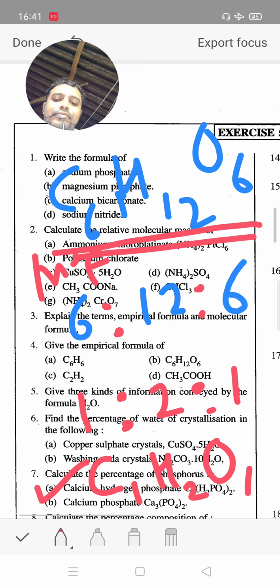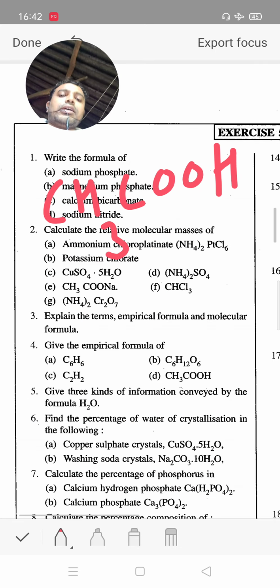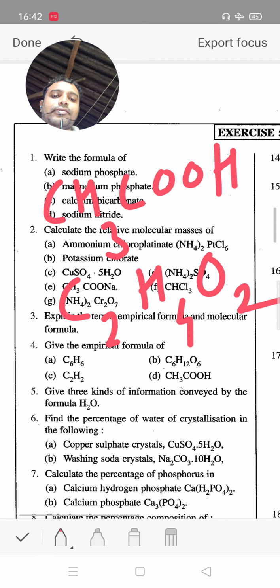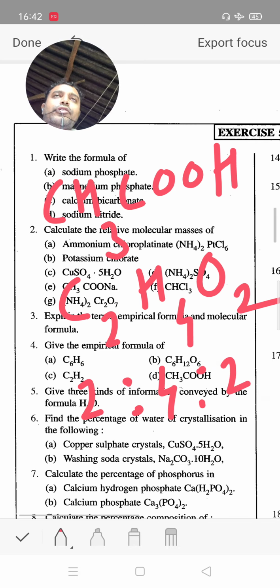Empirical formula. Next example, acetic acid, which has 2 carbon, 4 hydrogen and 2 oxygen, in the ratio 2 to 4 to 2. Sorry, 2 carbon, 4 hydrogen and 2 oxygen.